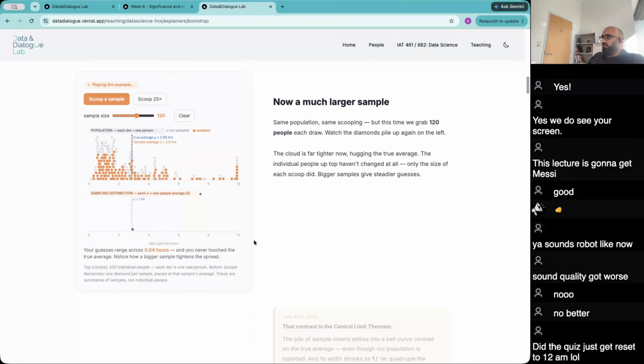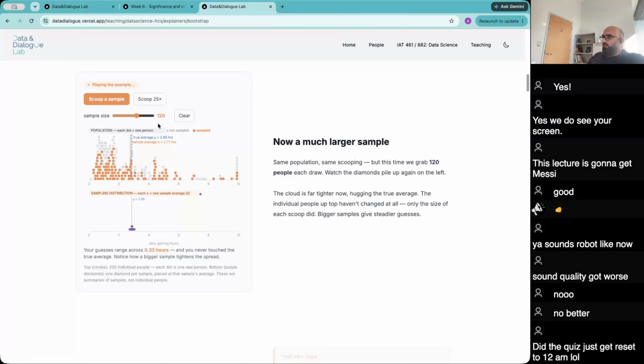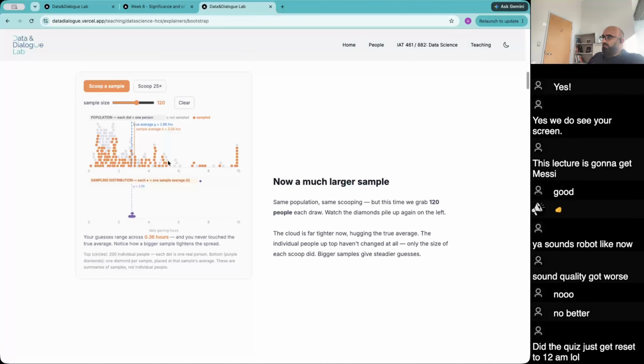Now look at this. We pick bigger samples, and see, the blue ones are the means of the samples that we picked. They're now closer to the true mean.